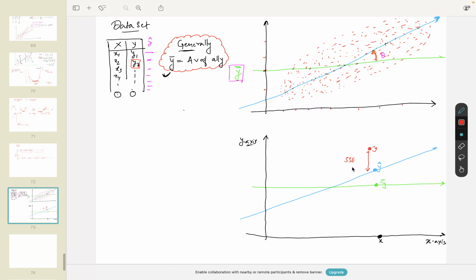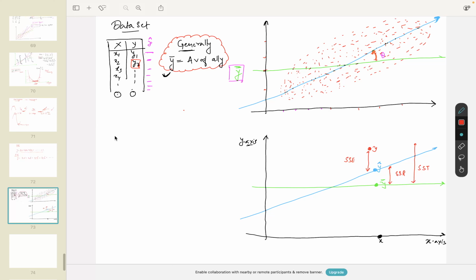Now the difference between the predicted value and the y average is known as sum of square of residuals. And from the actual till the average, this is known as sum of square of total.